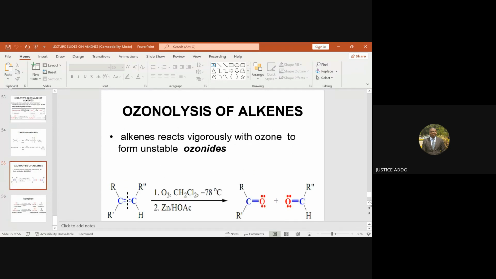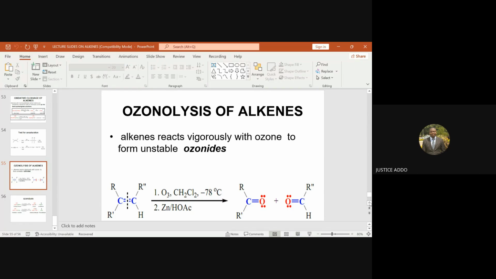The last reaction of alkenes, and we are done with alkenes, is ozonolysis. Ozonolysis, like the exhaustive oxidation, also cleaves a double bond. Just that ozonolysis is a mild oxidation, which cleaves a double bond to form an aldehyde if it is a monosubstituted alkene, or a ketone if it is what? A disubstituted alkene.